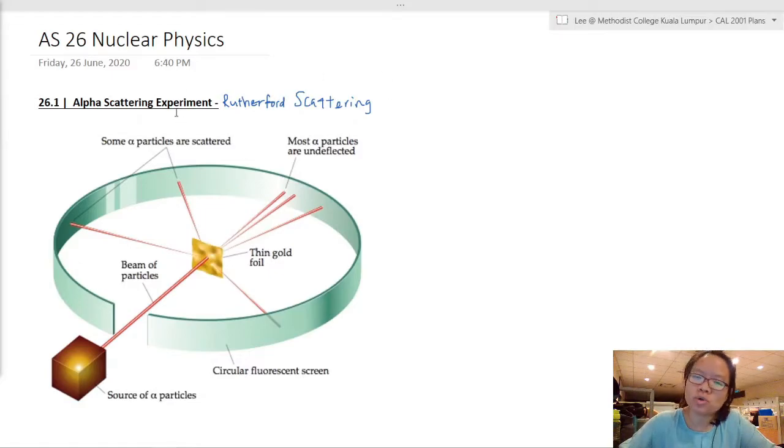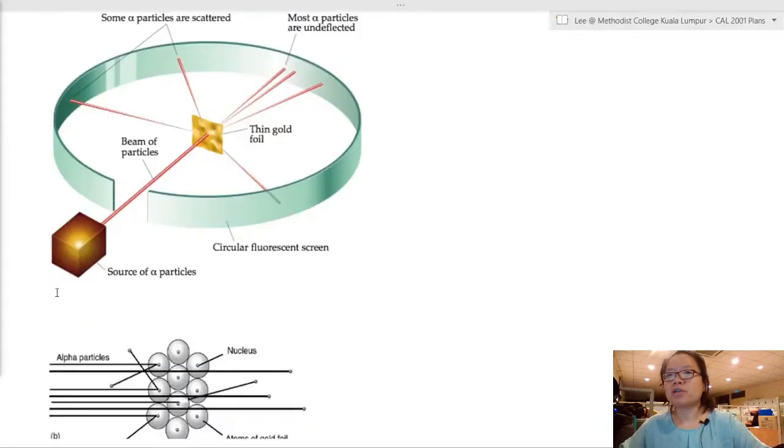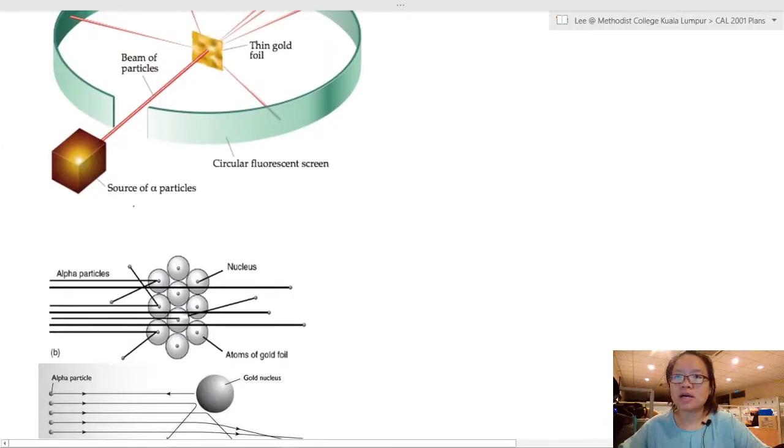So this is known as the alpha scattering experiment. I'm just going to show you the setup here. On this side, you have a source of alpha particles. Now pause a bit and think about what the properties of your alpha particle are. For example, I know that the alpha particle is positively charged.